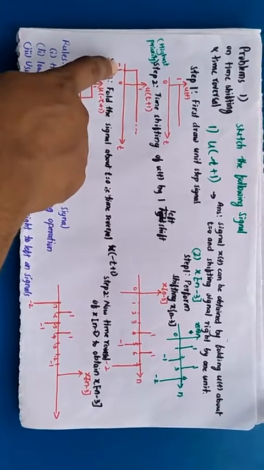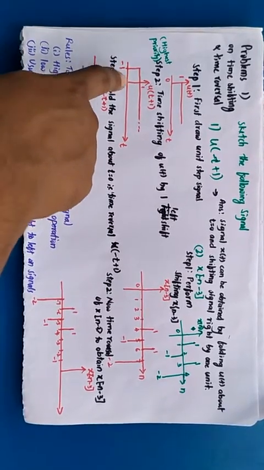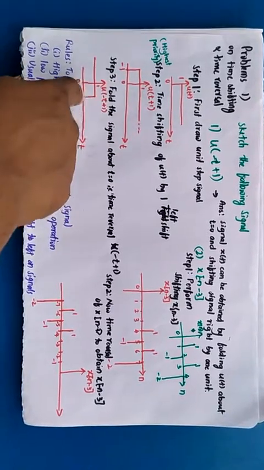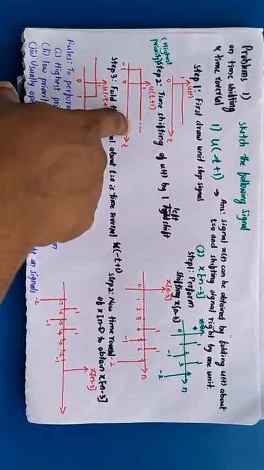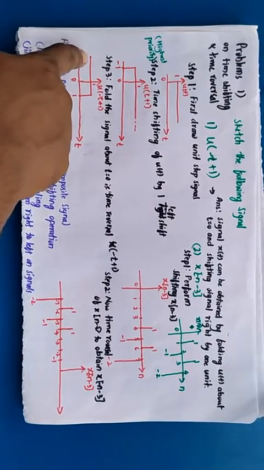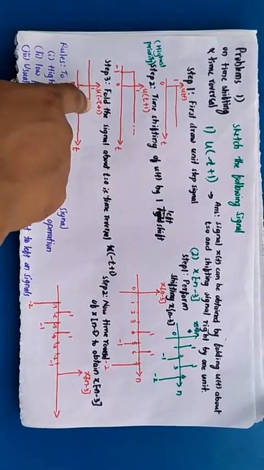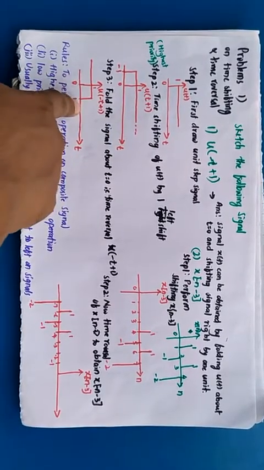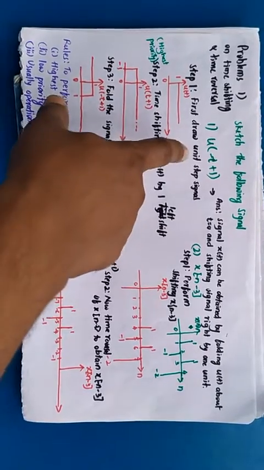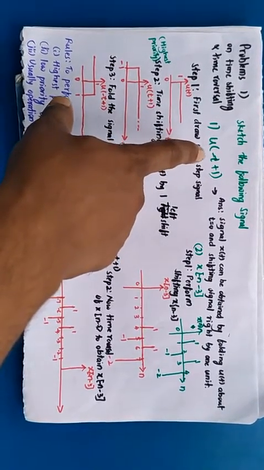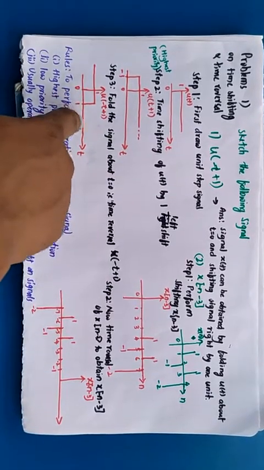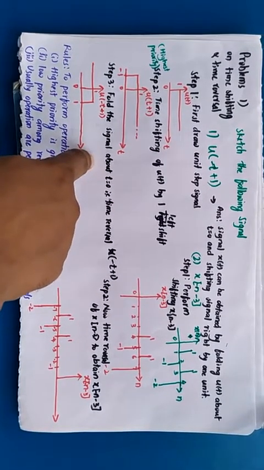So instead of minus 1, it will start at plus 1; instead of 0, it will be 0 itself. If we consider something at 1, it will be at minus 1, and instead of plus infinity, it will exist towards minus infinity. So that's why a folded signal, or time reversal, of u of t plus 1 will look like this, and that is the answer for this equation. Whatever problem was given to you, u of minus t plus 1, after sketching, will look like this. This is how you should understand.